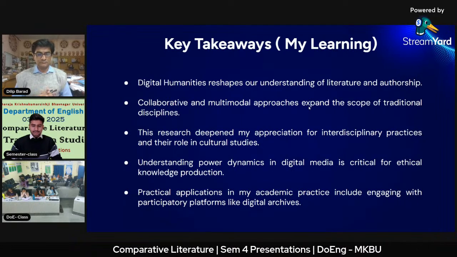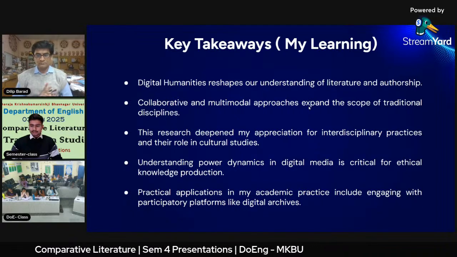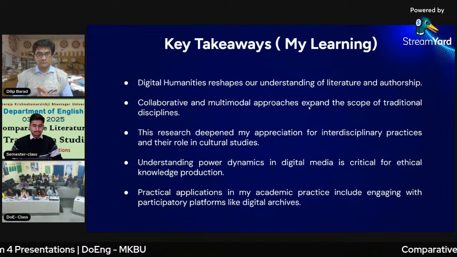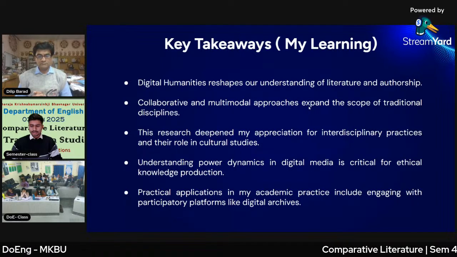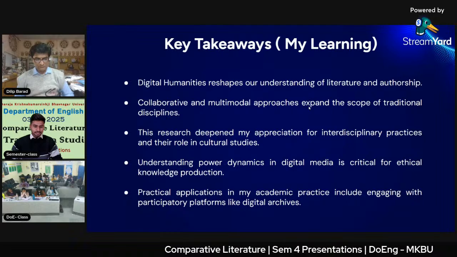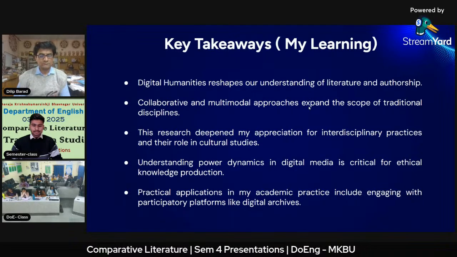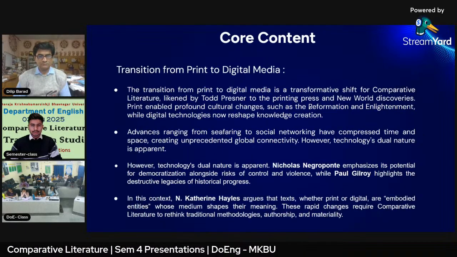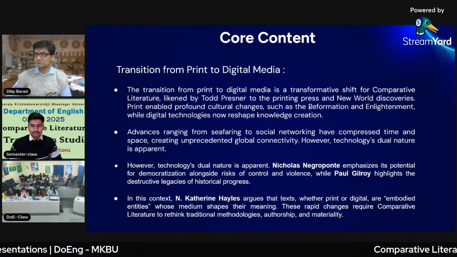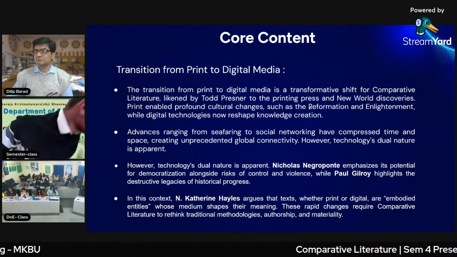Understanding power dynamics in digital media is critical for ethical knowledge production. Practical application in my academic practice includes engaging with participatory platforms like digital archives. So this is from my side. Now I would like to call Kavita to deal with her next content.